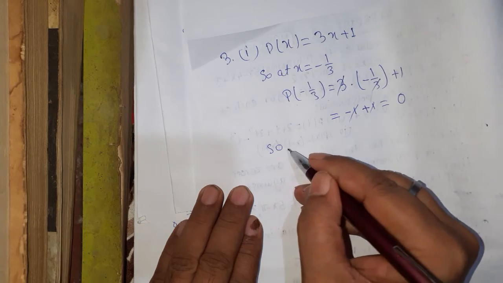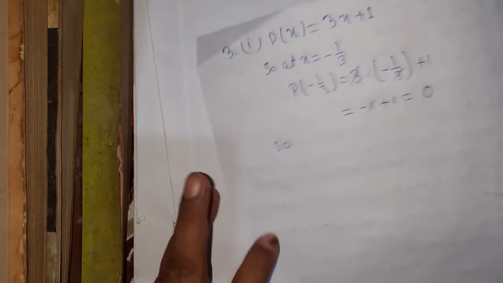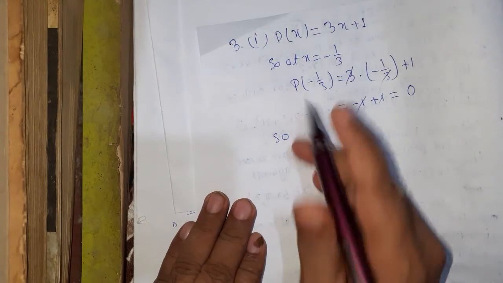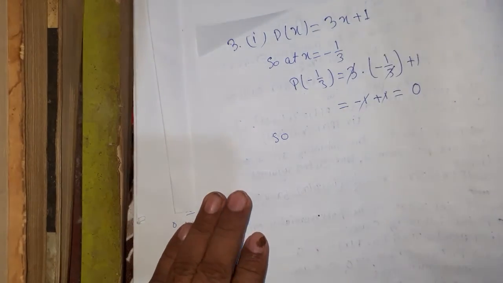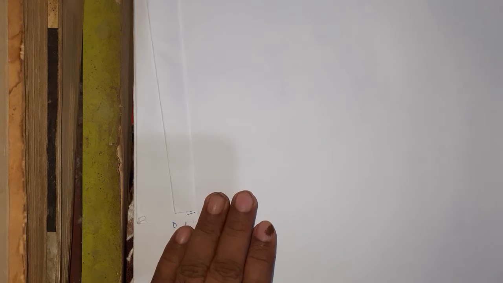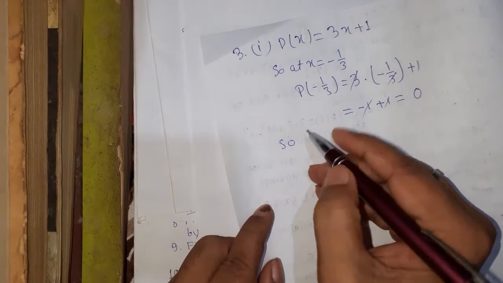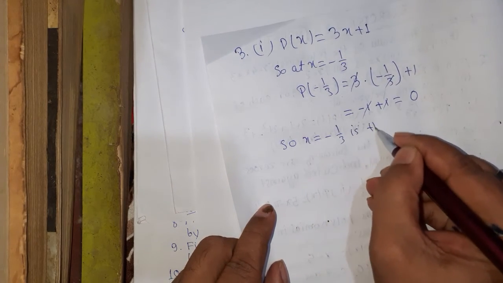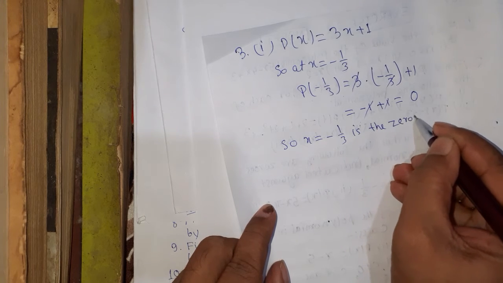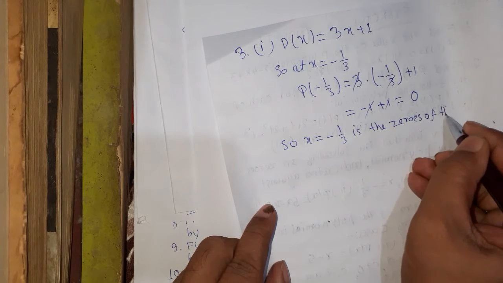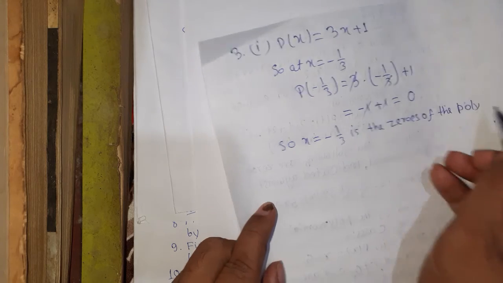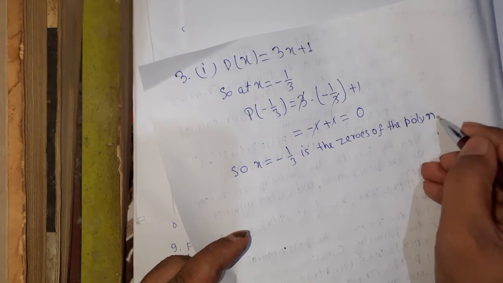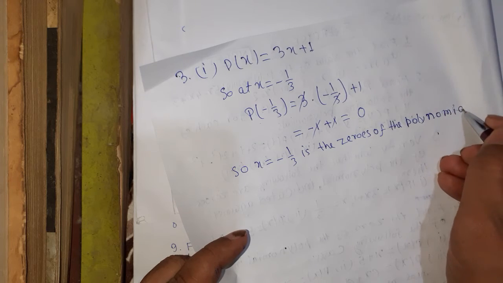So we see the value as 0. So this is the zeros of the polynomial. So x is equal to minus 1 by 3 is the zeros of the polynomial.